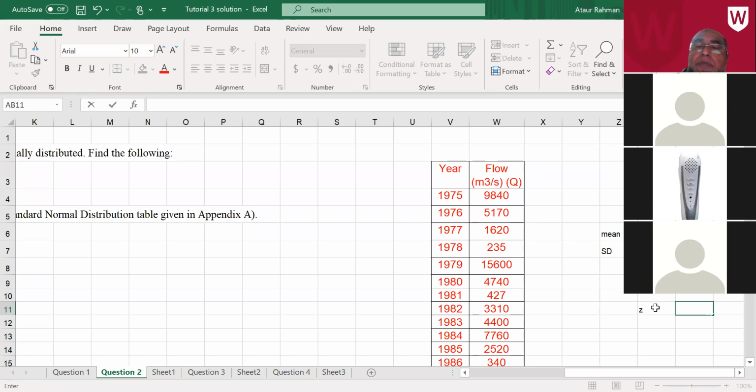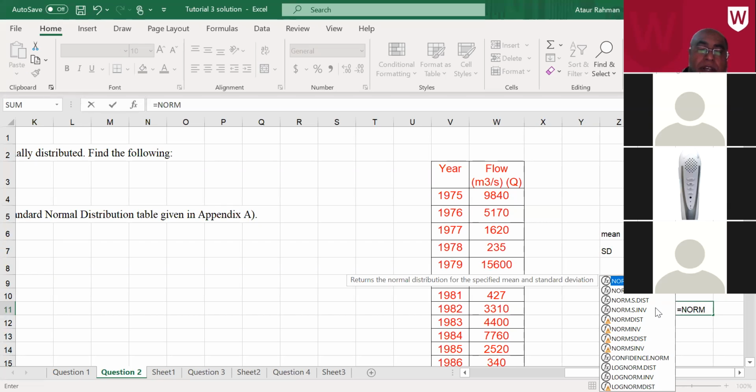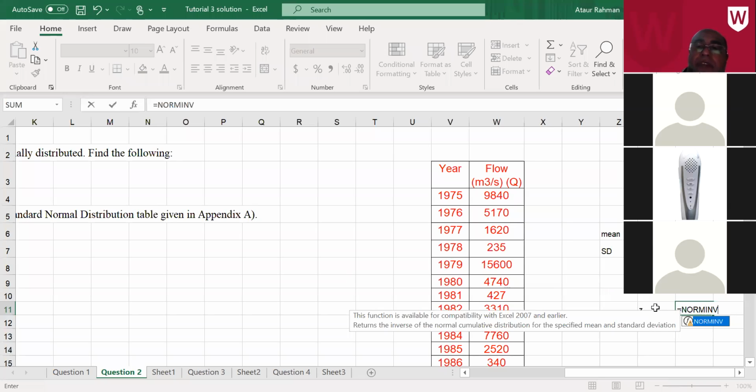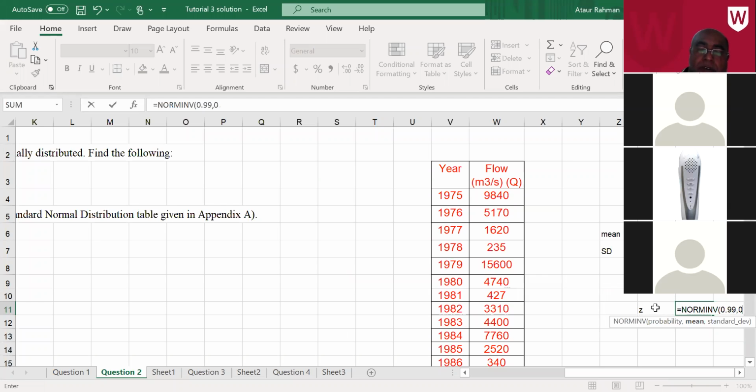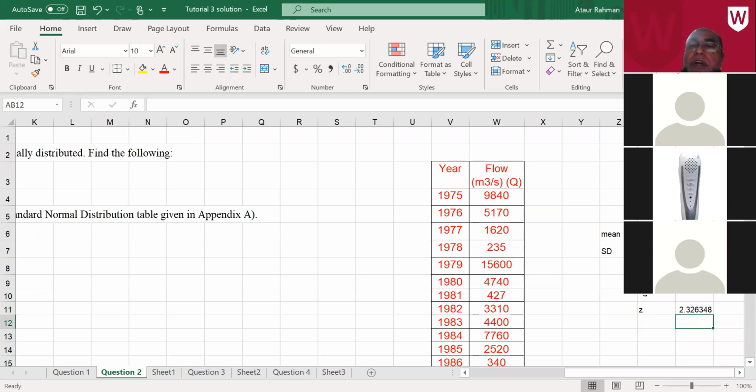In fact, we can do it directly here with NORMINV and then 0.99, 0, 1, the limit of the scale. So that is our Z value.